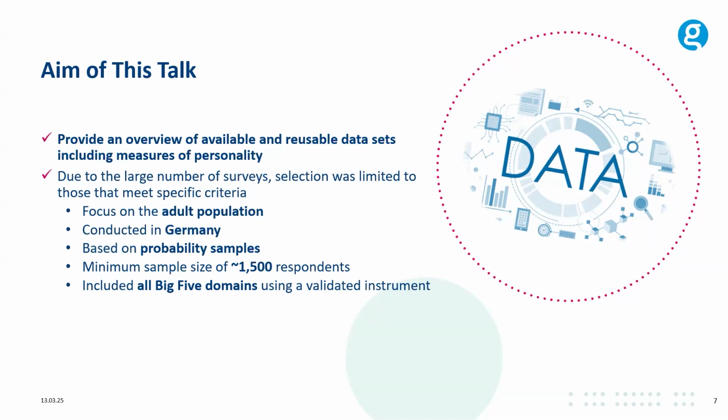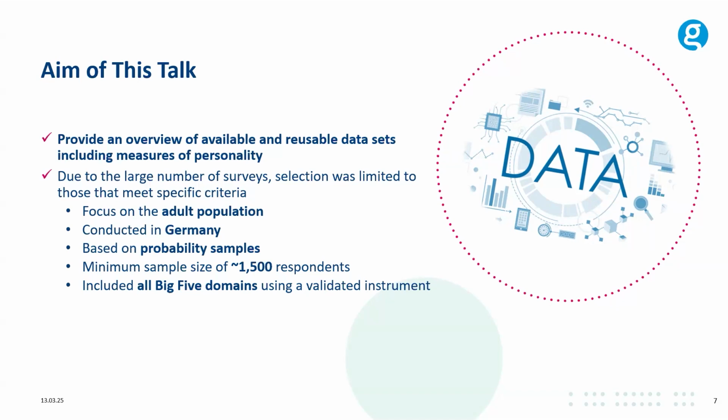From a methodological point of view, we only included high-quality samples, thus based on probability samples representing the target population. Also, we set a minimum size of the samples, so they should be of substantial size with a minimum of 1,500 respondents.